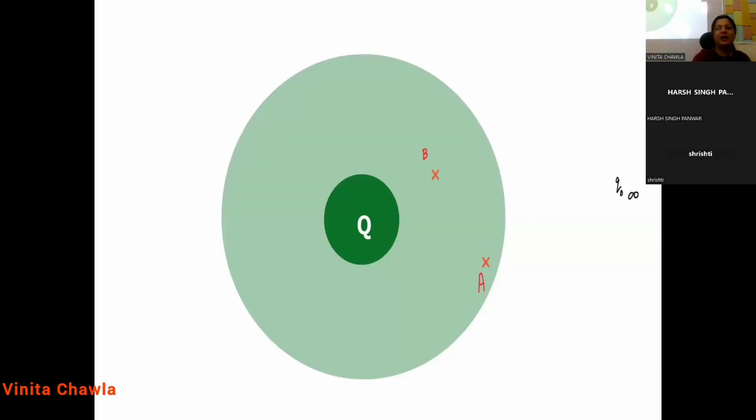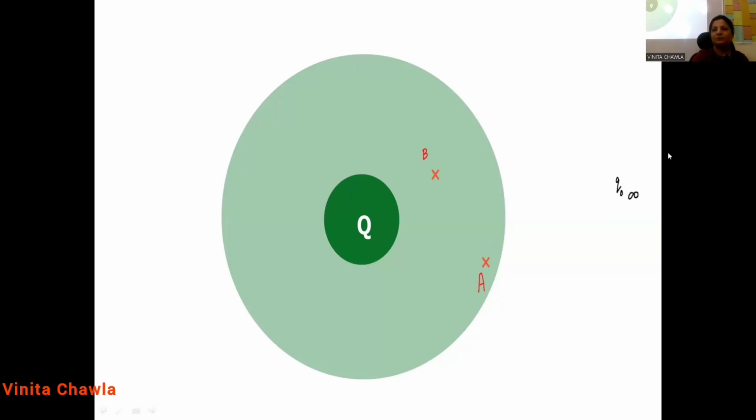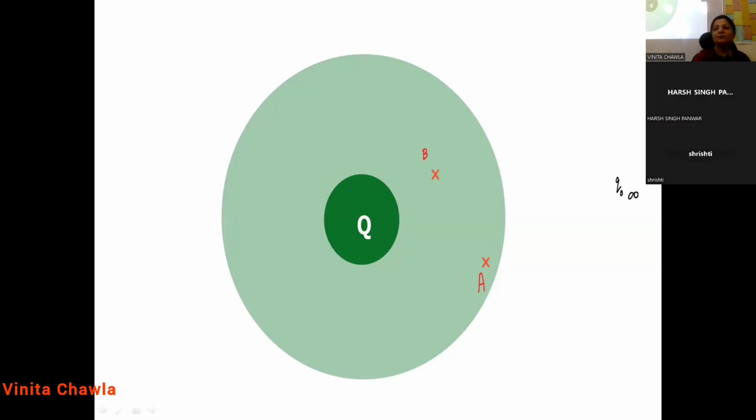Okay, suppose we have a source charge Q and a test charge is placed, unit positive charge is placed outside the field of source charge at infinity. Okay, and we want to move this charge.